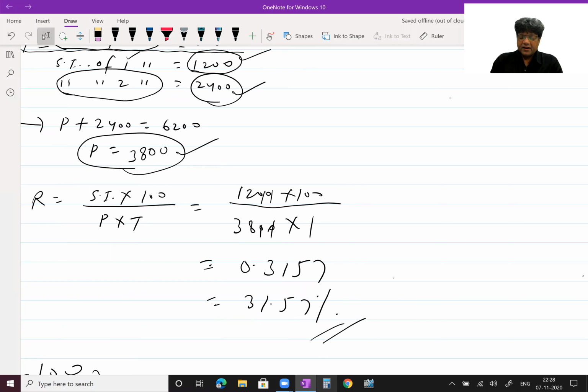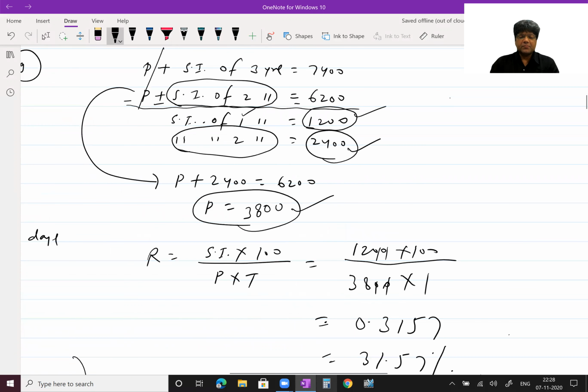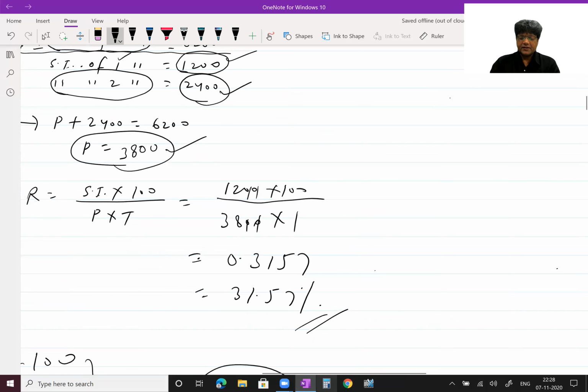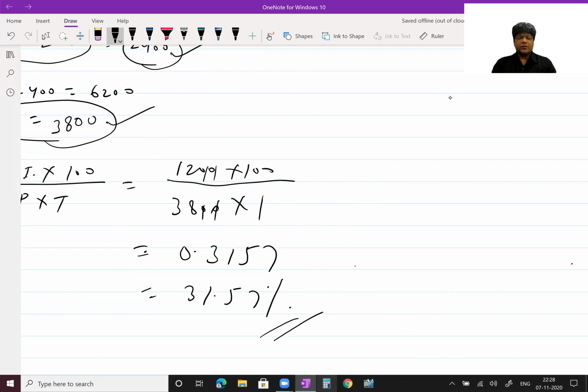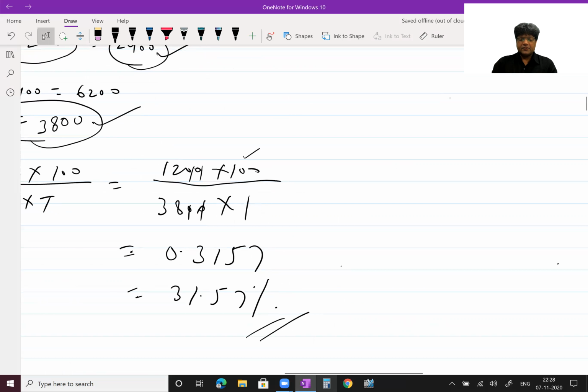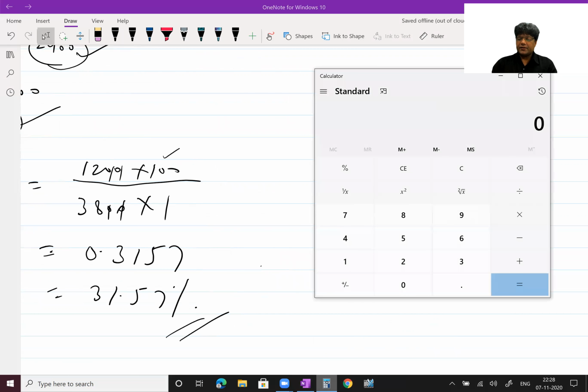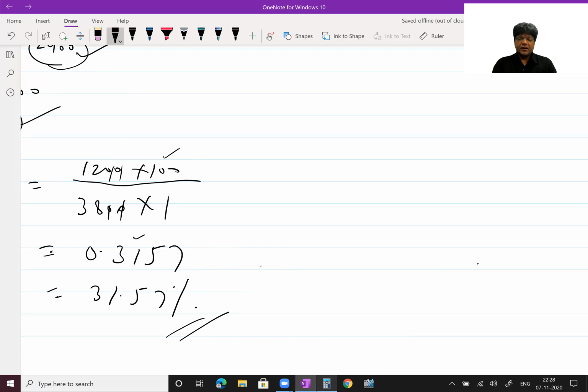While calculating 1200 by 3800 in this question number 9 of simple interest, I cancelled the zeros and then 12 by 38, that value is written here. This 100 was skipped by mistake.